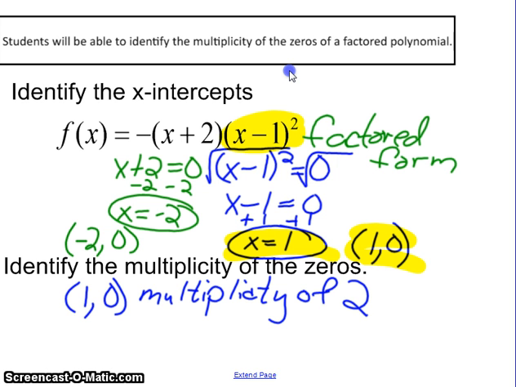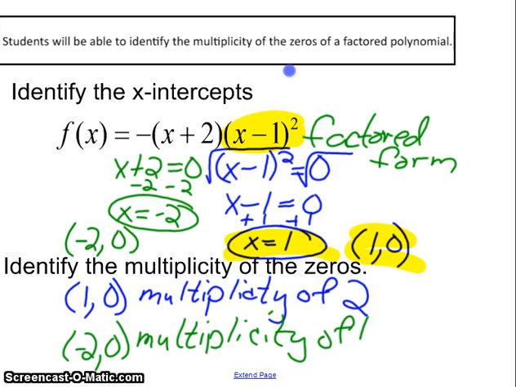The factor, the root negative 2, 0 has a multiplicity of 1. All right, so that's going to be helpful when I graph it.